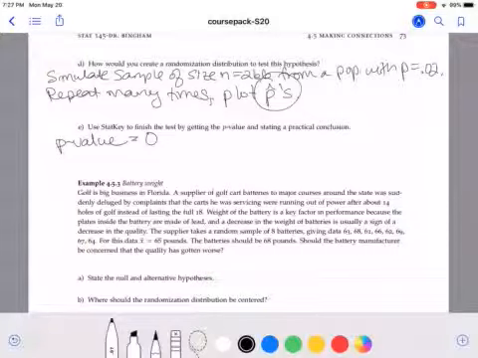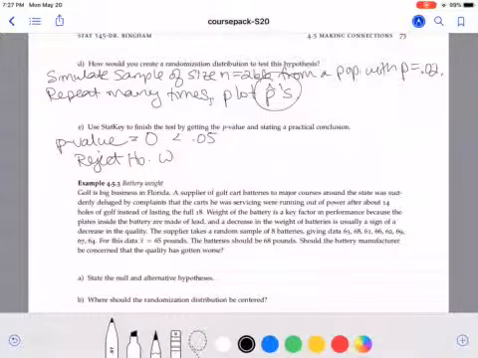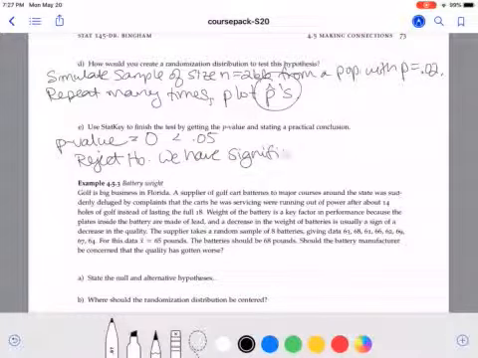This is less than 0.05, the significance level we usually use. We reject the null whenever we have a p-value less than alpha, and that means we have significant evidence of whatever HA is. We want to write that out as a practical conclusion.